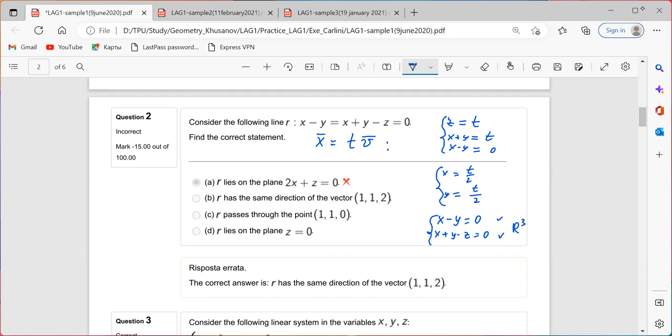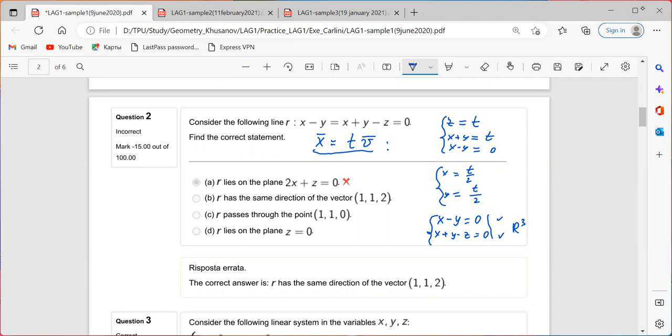Now we can represent any line in R3 in a general form, the parametric equation of a line. And what can we say about this line? The right side of our equation system is 0 and 0.